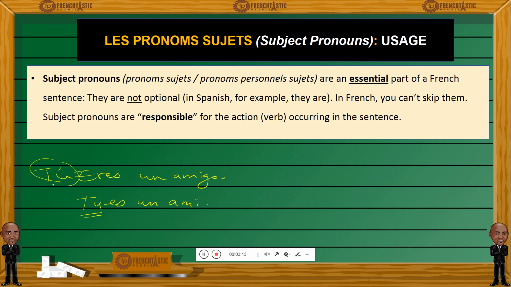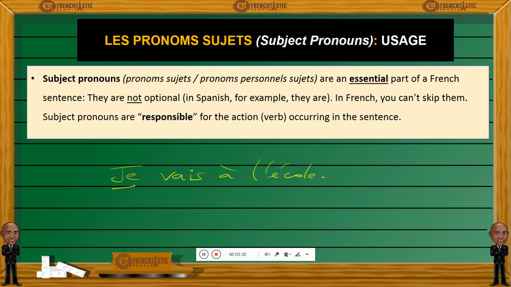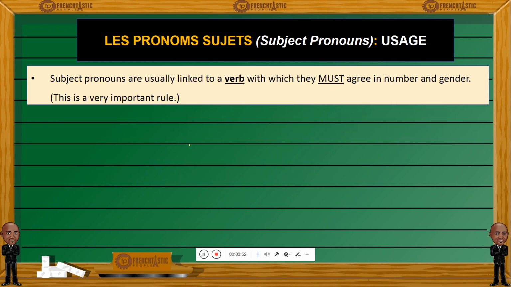If I say, for example, je vais à l'école, I am going, or I go, to school. Here, je is the person doing the action of going to school. That's why we said that subject pronouns are responsible for the verb occurring in the sentence. So quite important to remember.